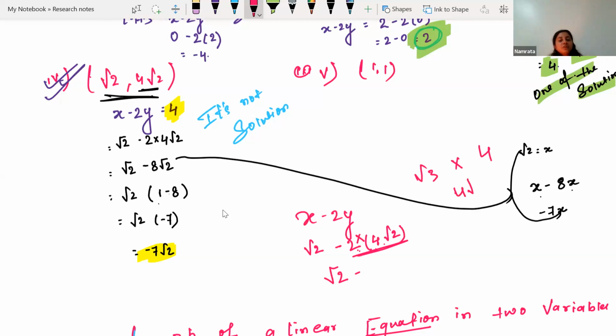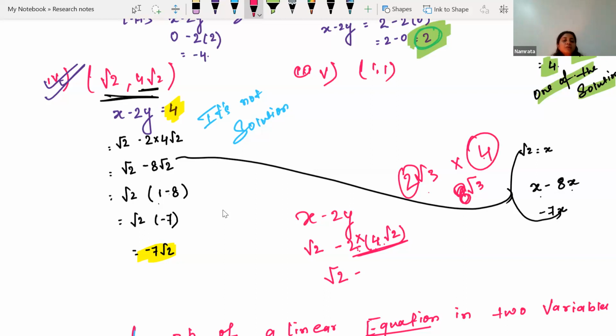You can write both of them together, 4 root 3. However, if you are having here 2 root 3 into 4, this 2 you can multiply with 4 because both are free from the root. So both can get multiplied with each other. So now we will be having 8 root 3.